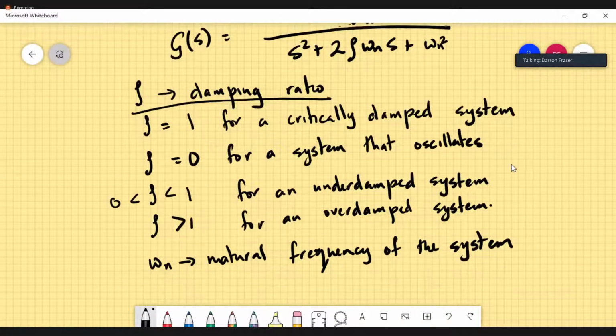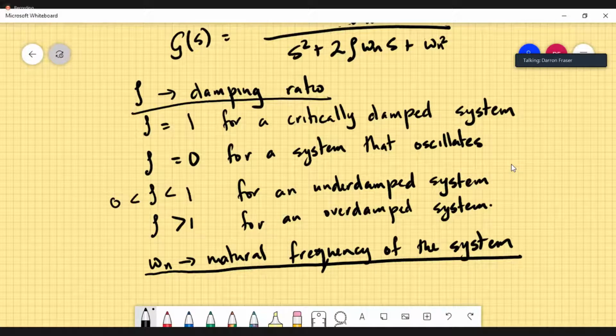So again, think of the child on the swing. If you push back the swing and let it go, it's going to oscillate at a frequency that is predetermined by the length of the swing and those parameters.